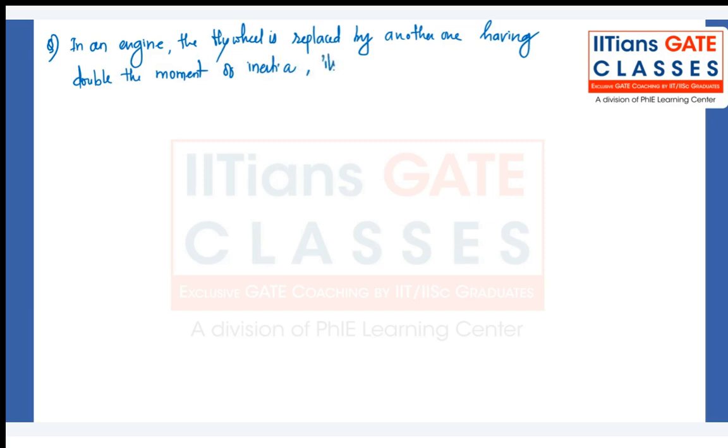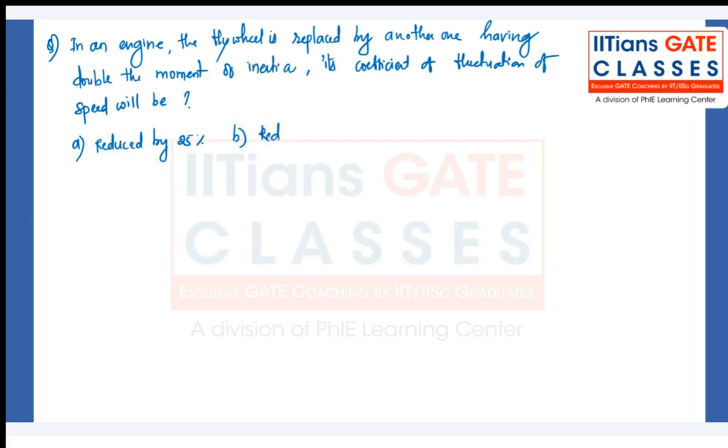Its coefficient of fluctuation of speed will be, and the options are: reduced by 25%, reduced by 3%, remains the same, and the last one, doubled. Okay, try to solve this one.